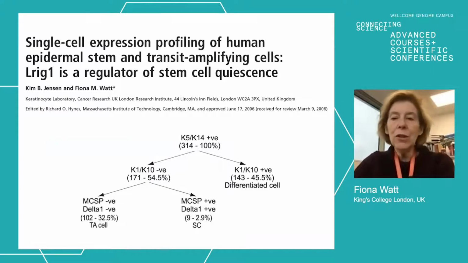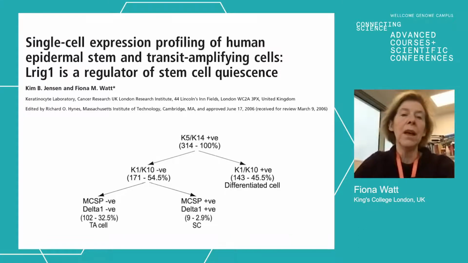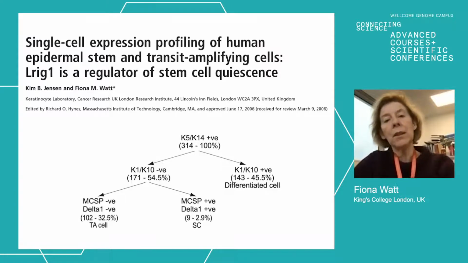Back in 2006, Kim Jensen, who's a professor in Copenhagen, was my postdoc at the time, and he and I could see the potential of using single cell gene expression profiling to find new markers of epidermal stem cells. We published this paper in PNAS, and our starting material was cultured human keratinocytes.